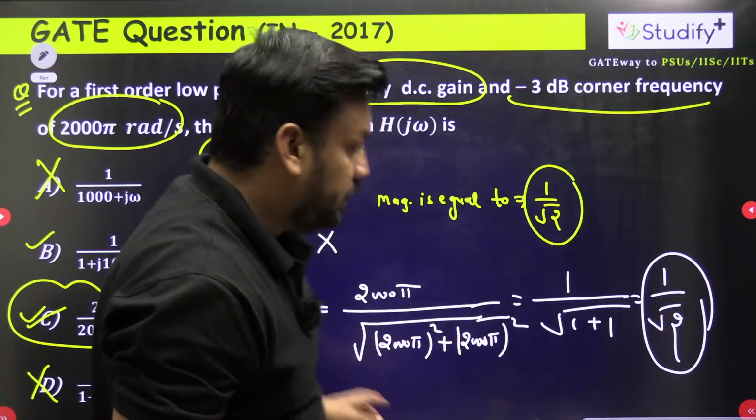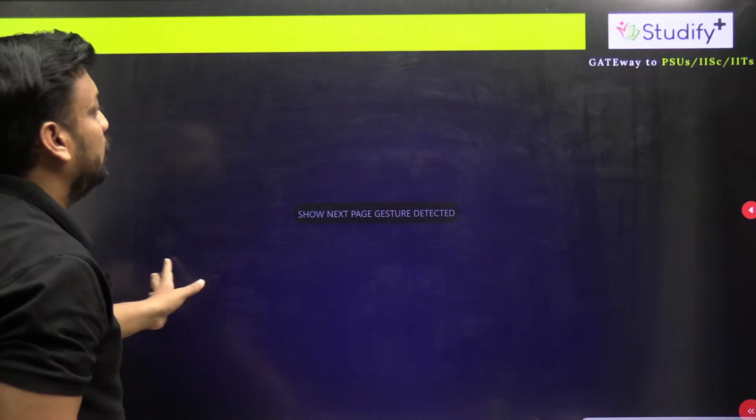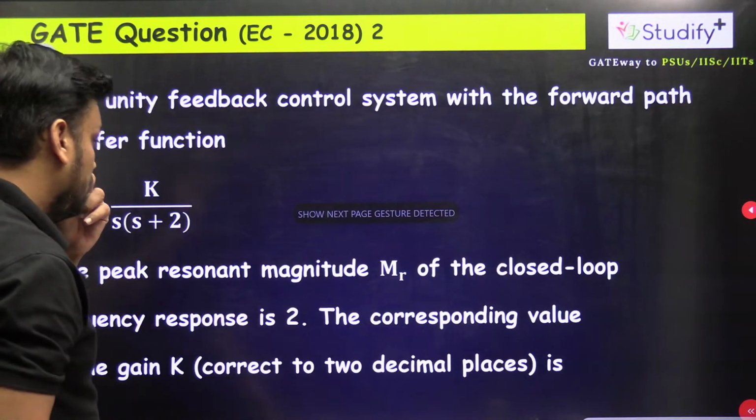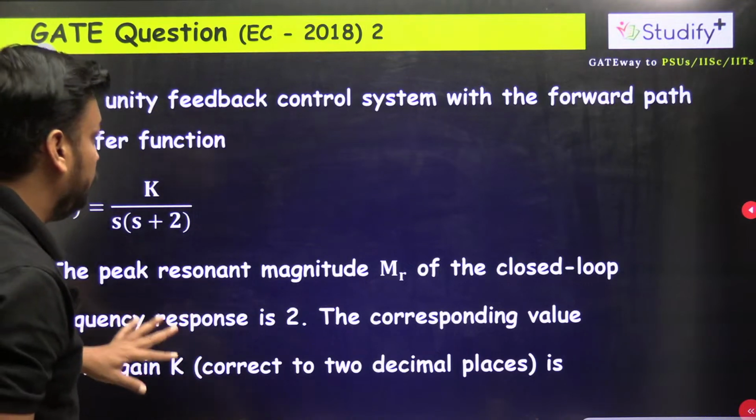Done. I think he replied only done, sir. Shabash, very good. Okay. So this is the question, guys. Again, you should tell me how to solve.